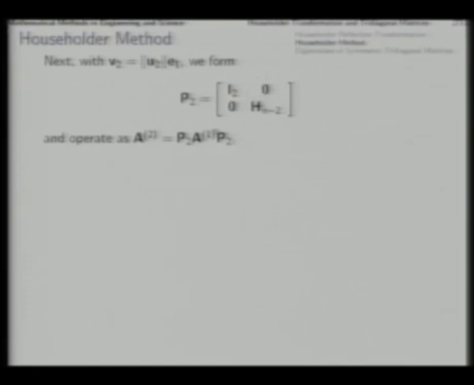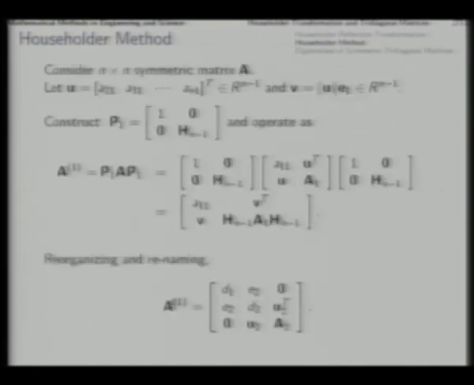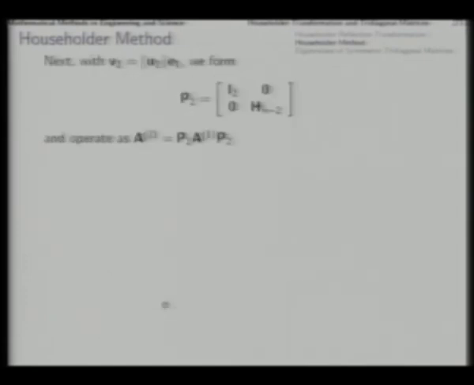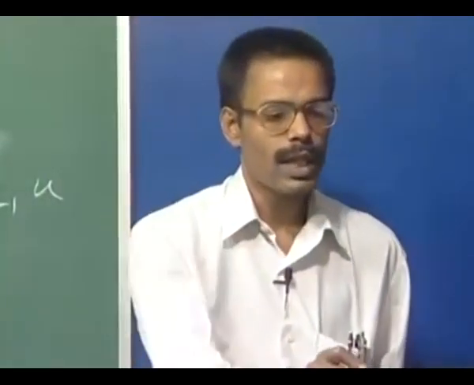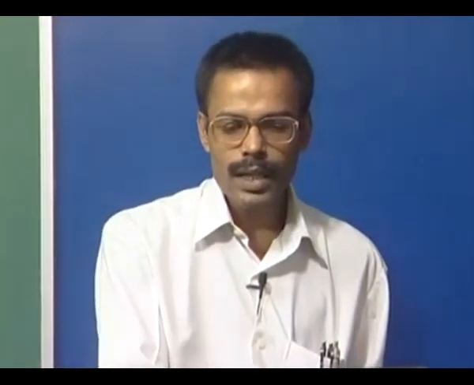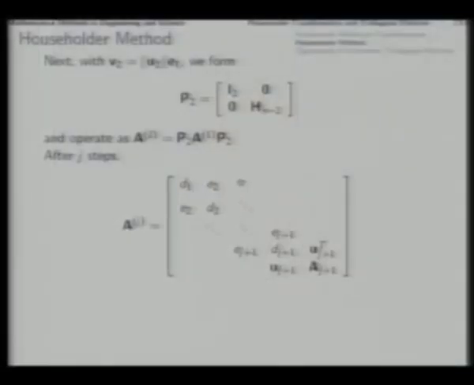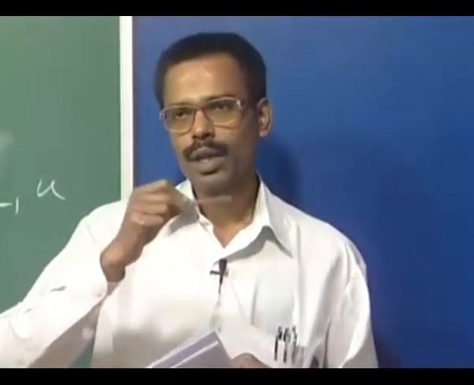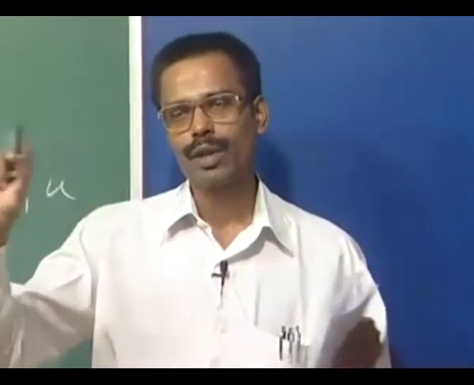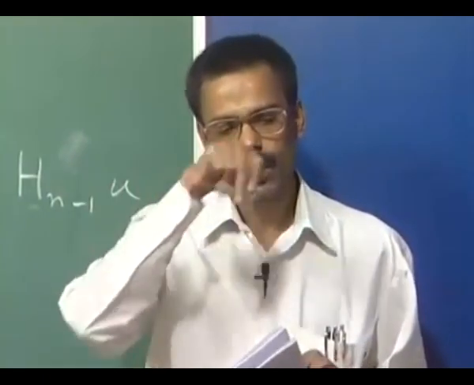Then apply that on the previous result, and this will keep unchanged the leading 2 by 2 block of A1, okay, and you will get the next step which will have D1, D2, D3, E2, E3 in the correct places, and the first 2 columns and the first 2 rows have been processed to the extent that below the subdiagonal and above the superdiagonal we have got zeros in those first 2 columns and rows.